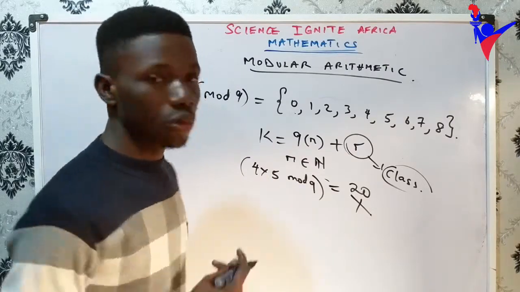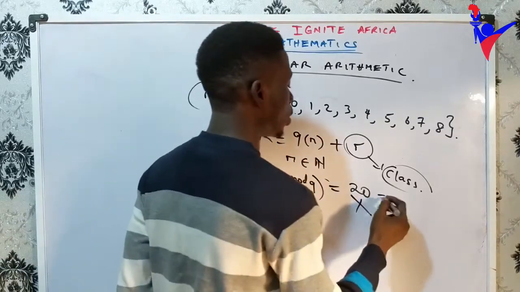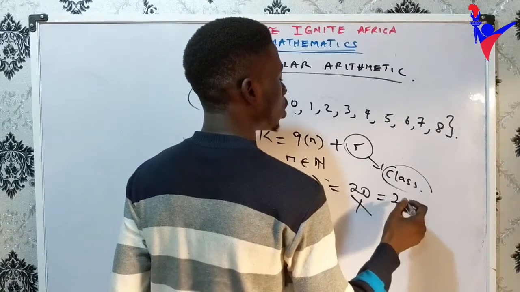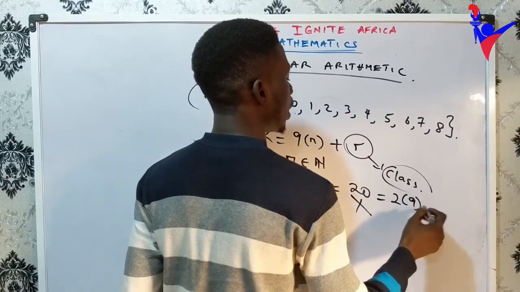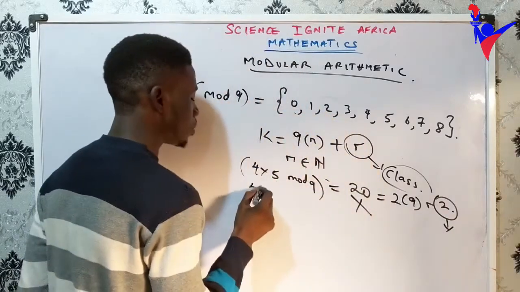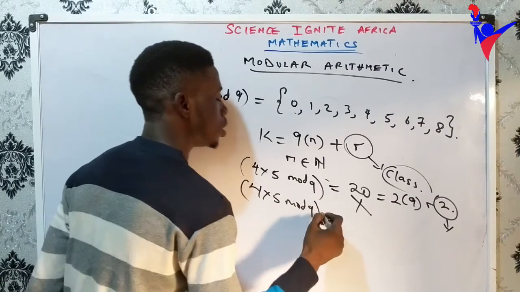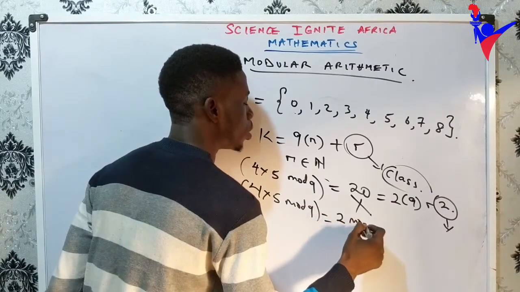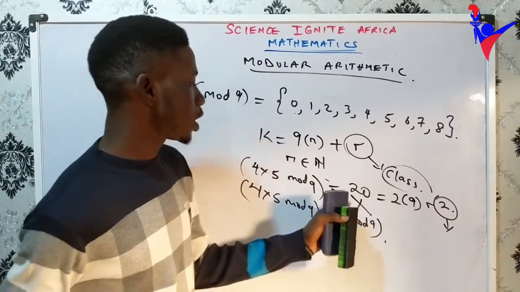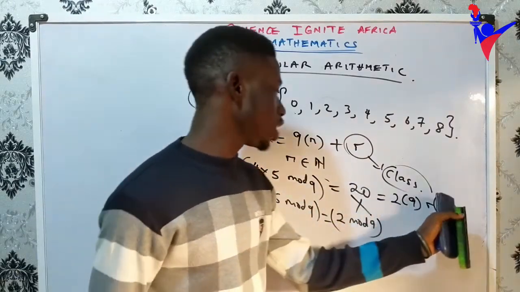Now, what we do is divide 20 by 9. 20 divided by 9 is 2, remainder 2. So 4 times 5 in mode 9 equals 2 in mode 9. That is as simple as that. The 20 as we have gotten it doesn't amount to anything, it's just 2 in mode 9.